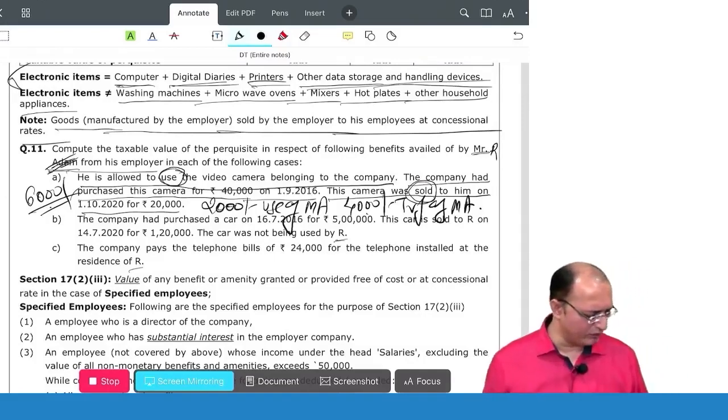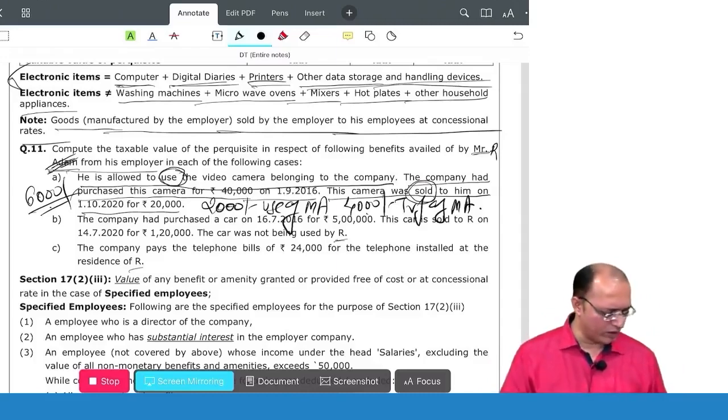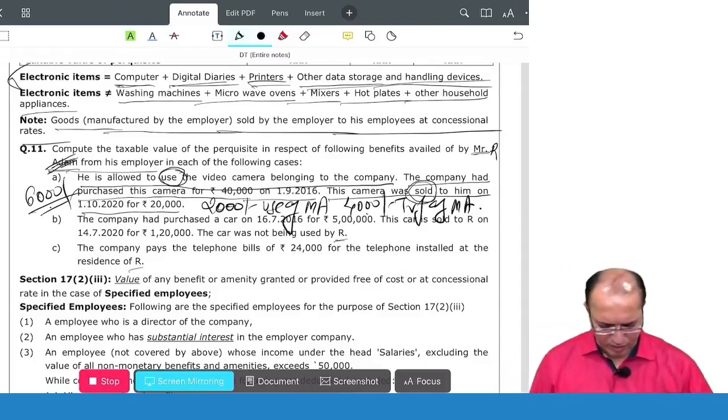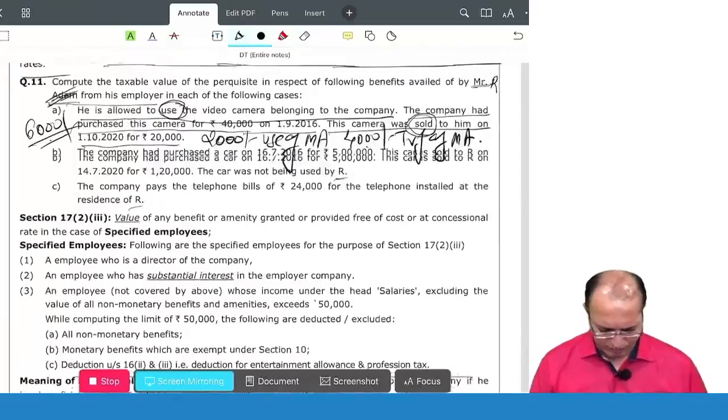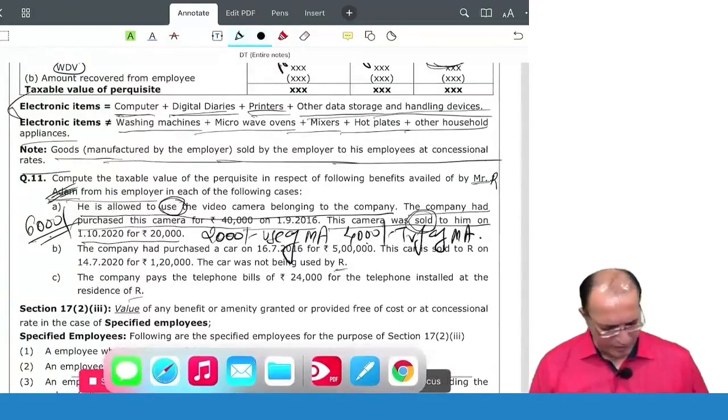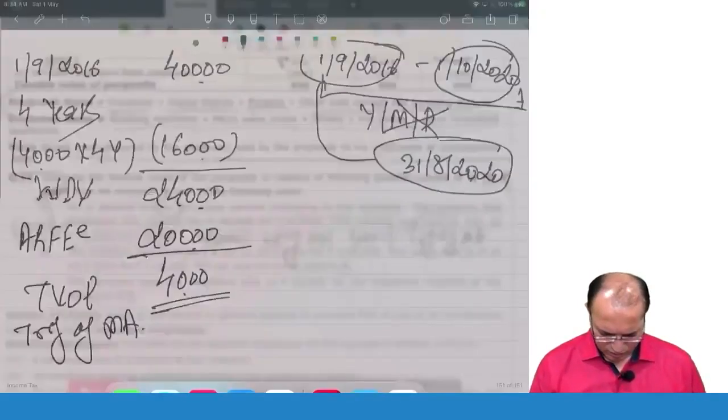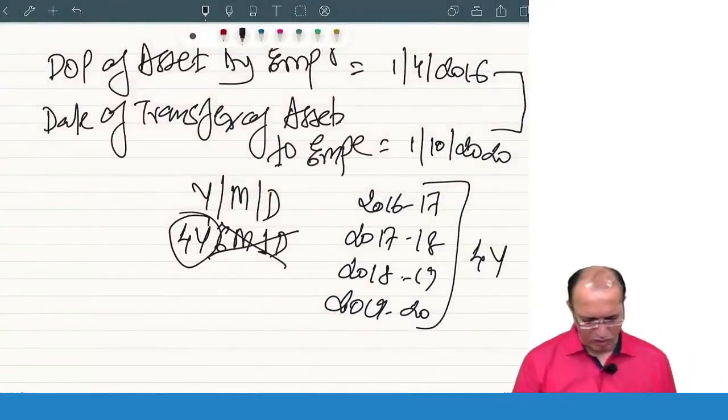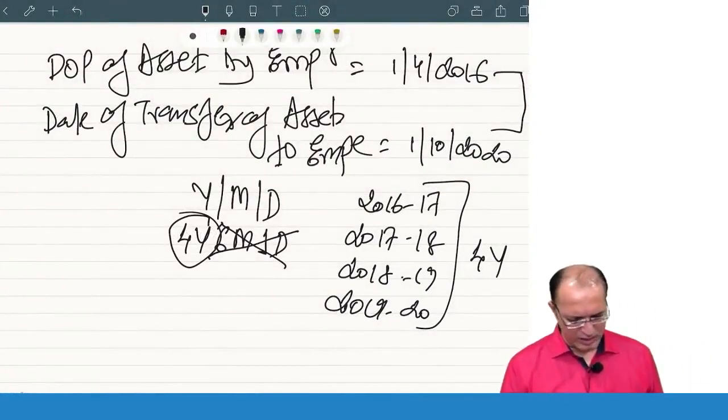Soumya says, but sir, if the asset is sold, we have to take only completed years, right? Soumya, we have taken completed years only. See, after 31st August 20 also, there is a month of September.